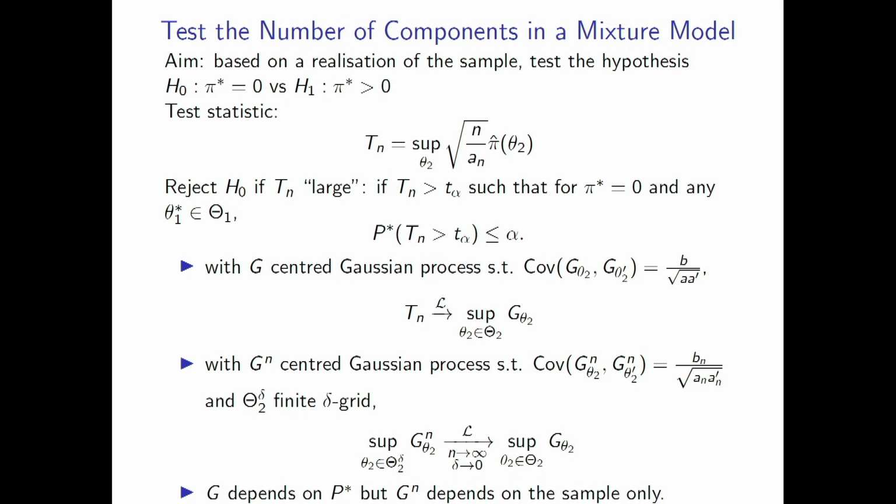So finally, this is something you can compute, and this is close to the distribution of something unique. So we can use this to approximate the threshold of the test, or to calibrate the test.